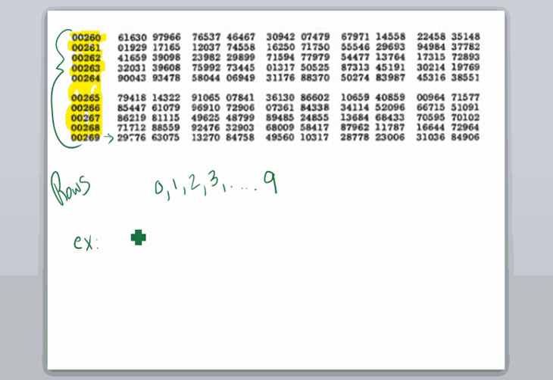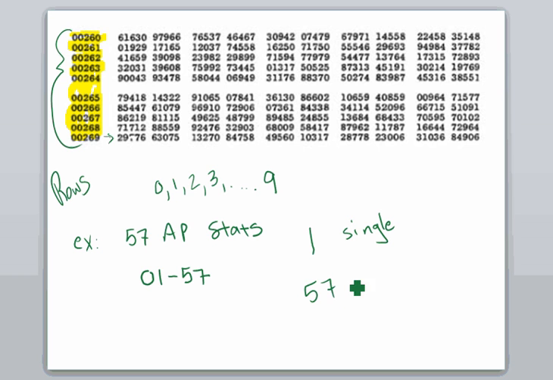This particular year, I have 57 students in my AP Stats class. Since we only have 10 digits, when I figure out my 57 students to see, it has to be 01 to 57, not 1 to 57, because 1 uses a single digit, 57 uses 2 digits.